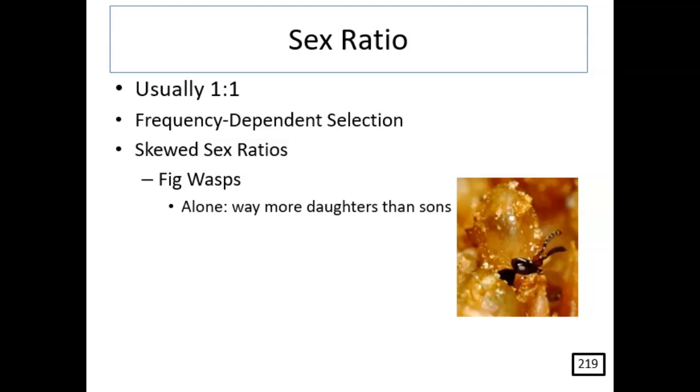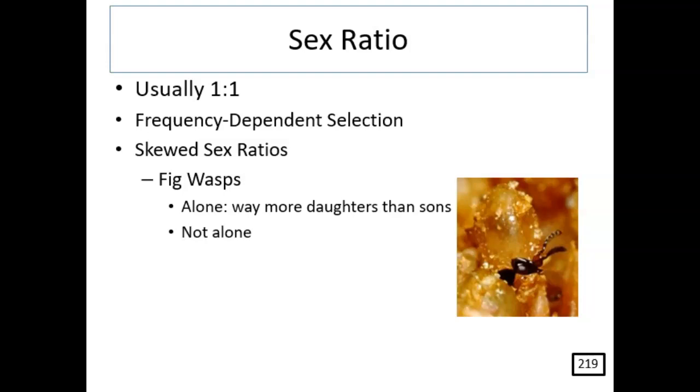If she produces, let's say, 8 offspring, and if it were a 1-to-1 ratio, there were 4 daughters and 4 sons, well, she'd have 4 daughters producing offspring. If there were, let's say, 7 daughters, well, she has 7 daughters producing offspring. Right? That single male could fertilize all the females. And so if she's alone, it makes a lot more sense to have more daughters than sons.